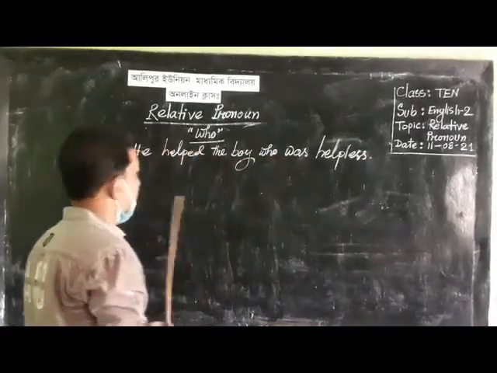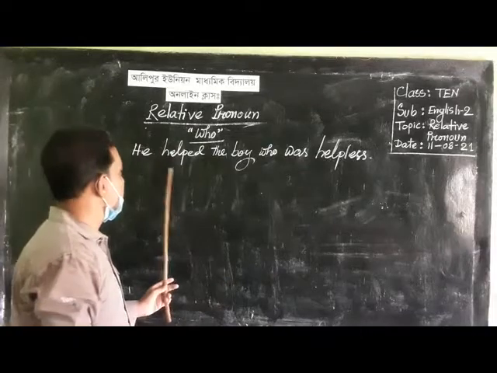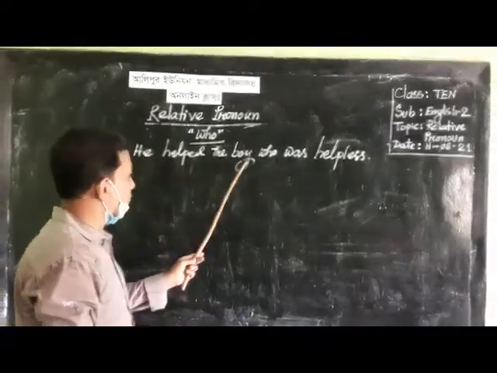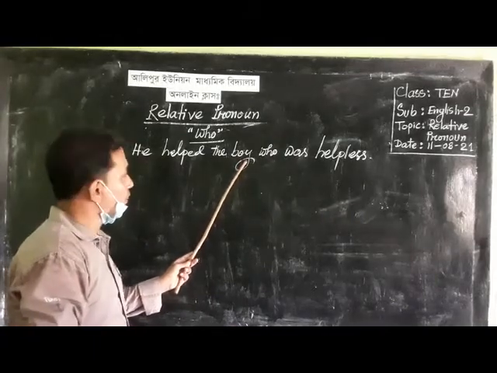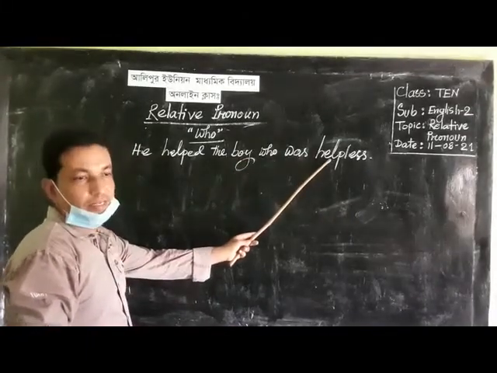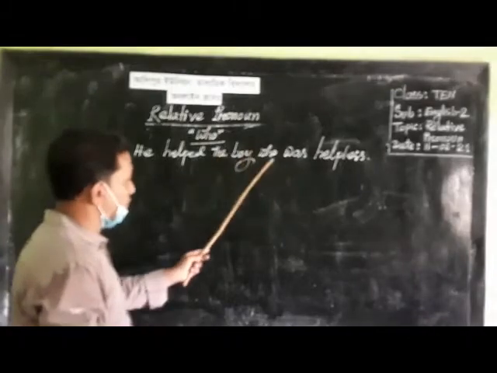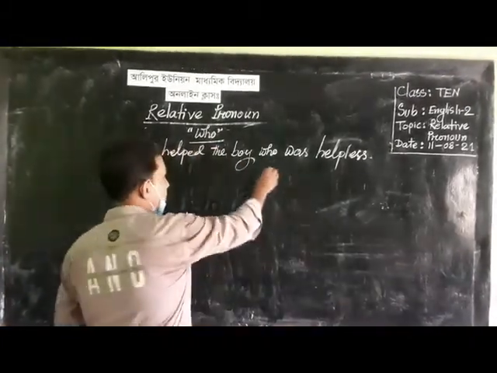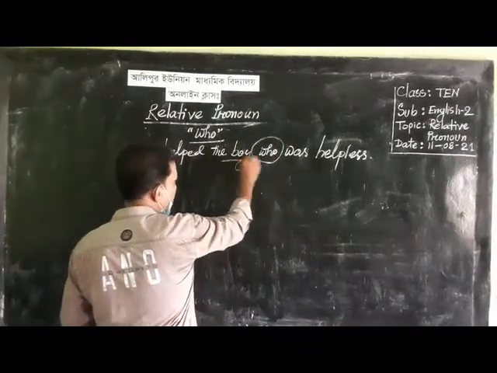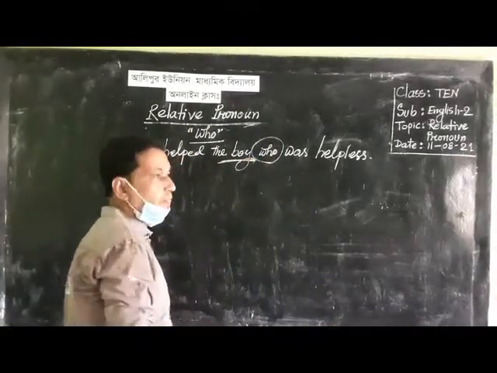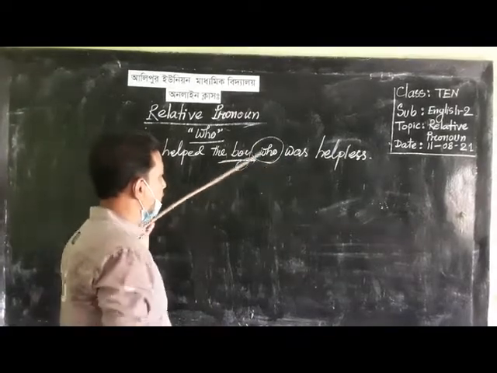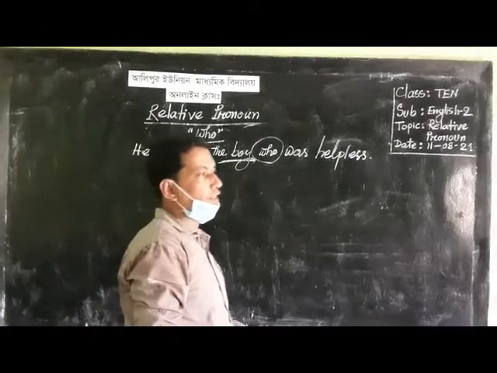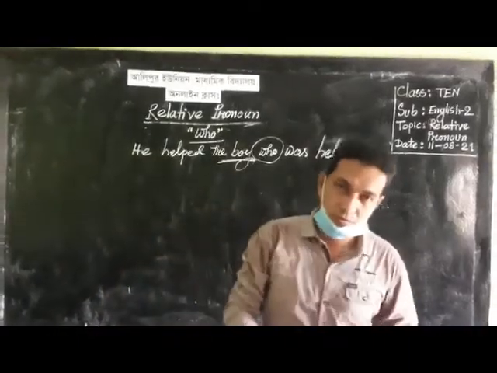Dear learner, I have written a sentence using relative pronoun who. He helped the boy. This is a clause. Who was helpless. This is another clause. And these two clauses are joined with relative pronoun who. And who indicates the boy. The boy is a person, a noun, and the boy is here the antecedent, because it is indicated by relative pronoun who.